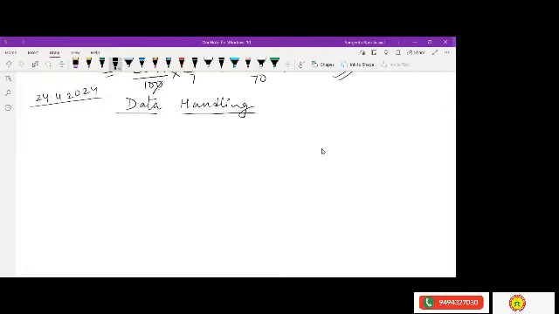So suppose, children, we are given some raw data and asked to collect it. Suppose you are asked to find the marks of some students of your class. Suppose there is a group of 10 students and you are asked to find their marks in the maths test.